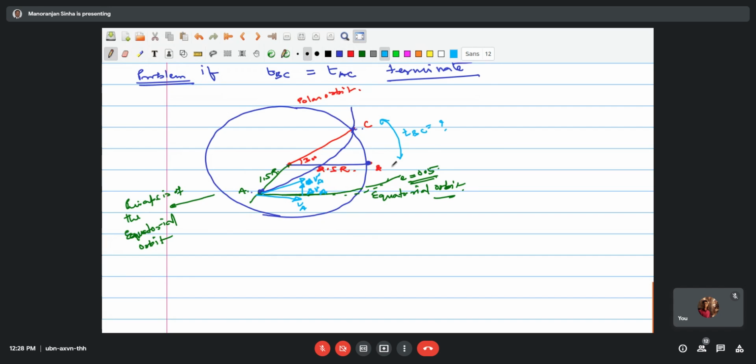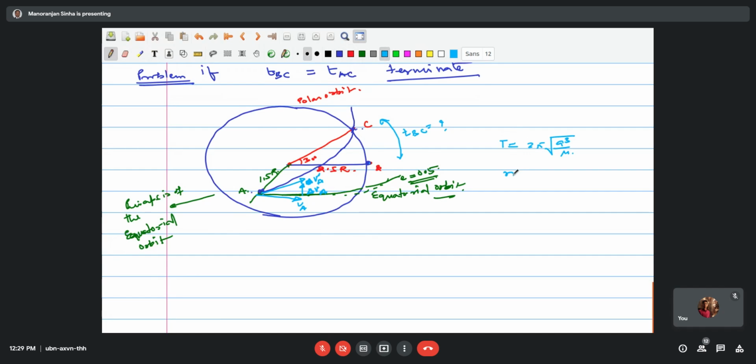Because this is a circular orbit, we can work out quickly how much time it is going to take. The time period in the orbit is 2 pi times square root of a cubed by mu.